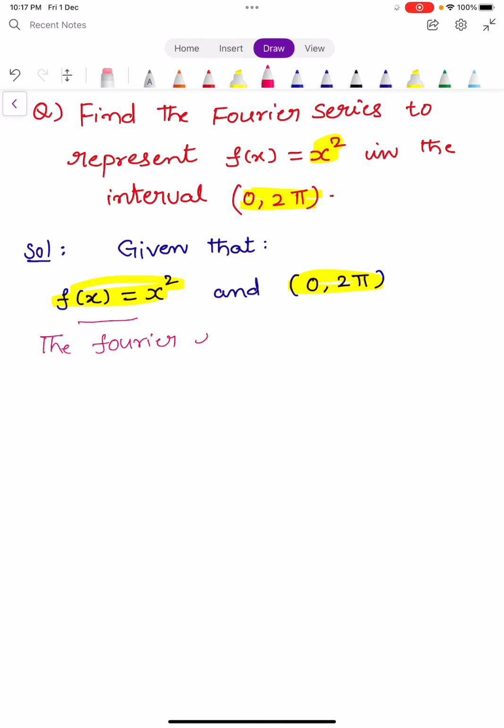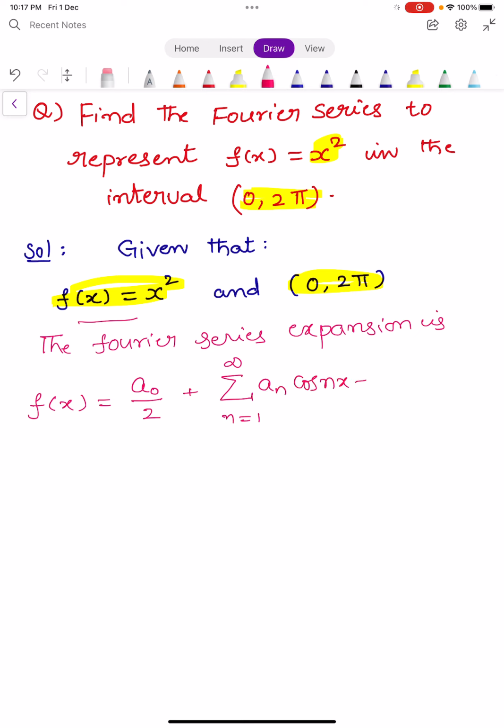The Fourier series expansion is given by f of x is equals to a naught by 2 plus summation n is equals to 1 to infinity an cos nx plus summation n is equals to 1 to infinity bn sin nx. This is the Fourier series expansion.